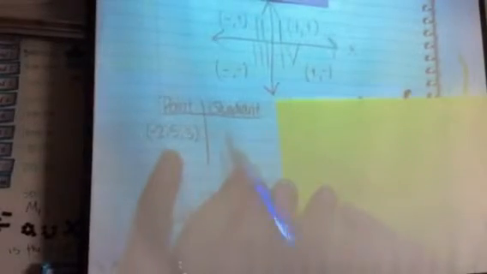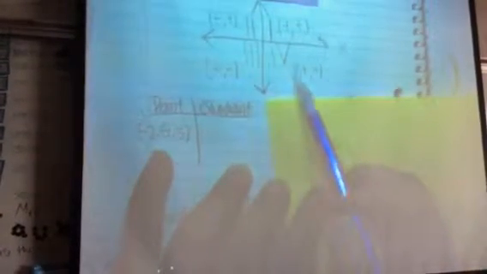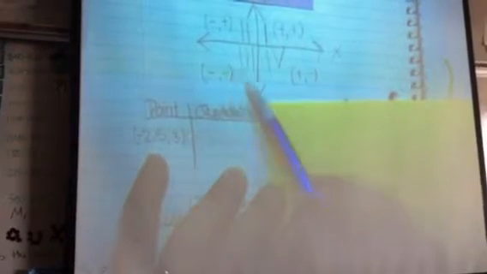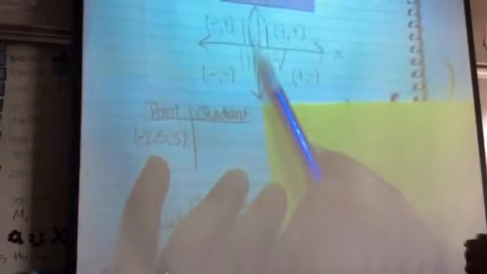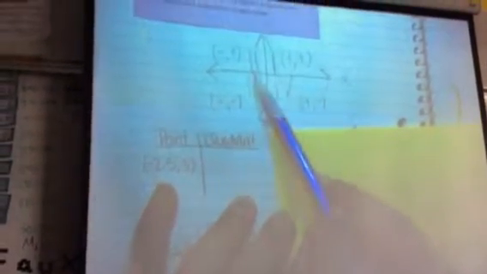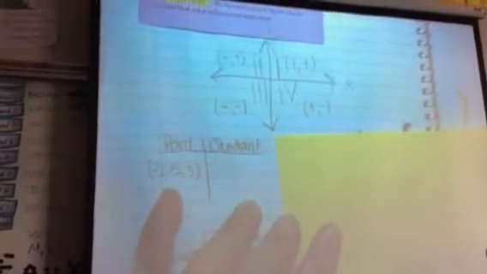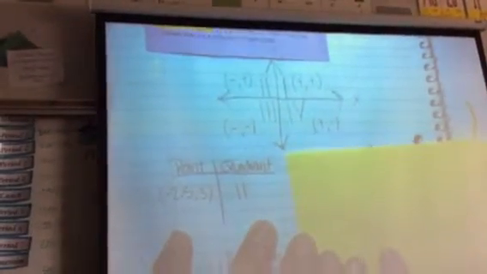What you're going to be asked to do with today's assignment is look at the quadrants, look at the point, and say what quadrant negative 2.5 and 3 would fall into. I want you to touch your nose as soon as you see what quadrant it would be. Whisper it into your hand if you know what quadrant it will be in. Throw it out on 3. 1, 2, 3. 2! Yeah, so it's in quadrant 2. So we're going to write a 2 with Roman numerals.